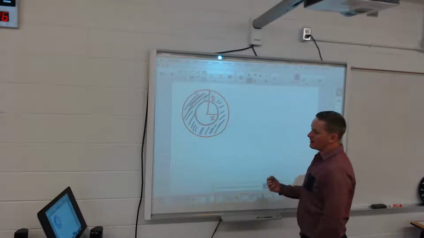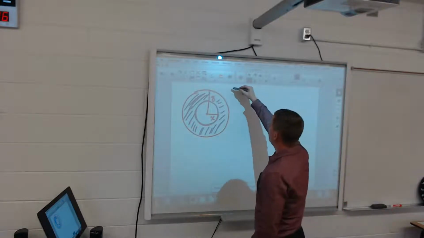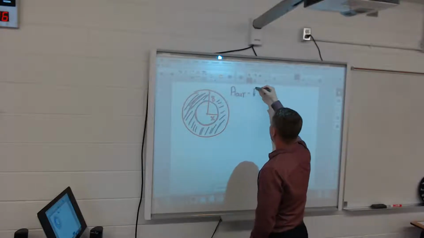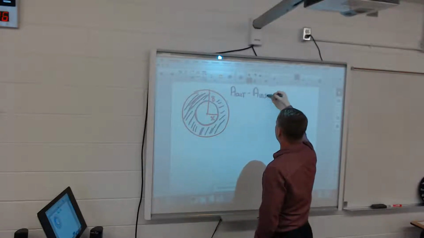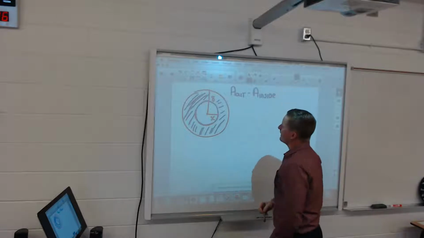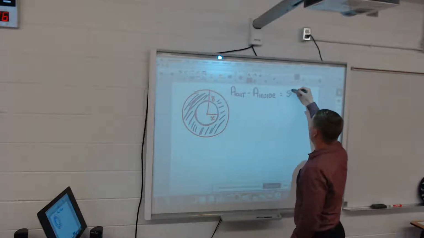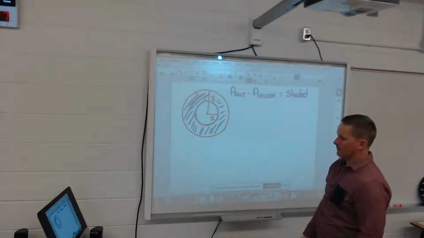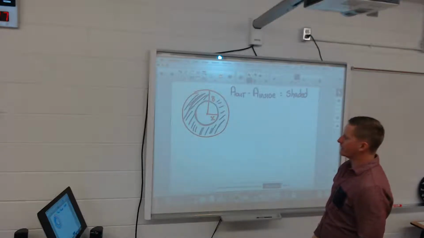So to get the area that you're going to sit on, you need to take the area of the outside circle minus the area of the inside circle, and that will give me my shaded region.